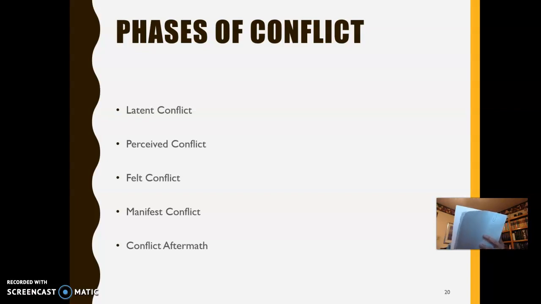The third is felt conflict, and this is the emotional impact of perceived conflict. And then there's manifest conflict, and this is when the conflict is communicated to the other. And then finally, there is conflict aftermath. And this is what becomes of the relationship after you've passed through the time of conflict.